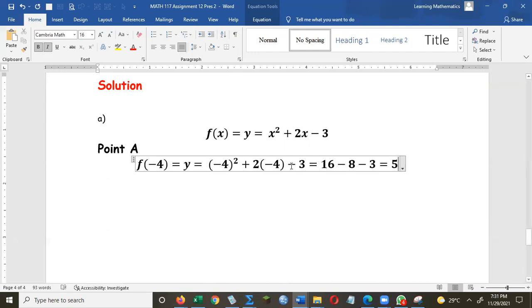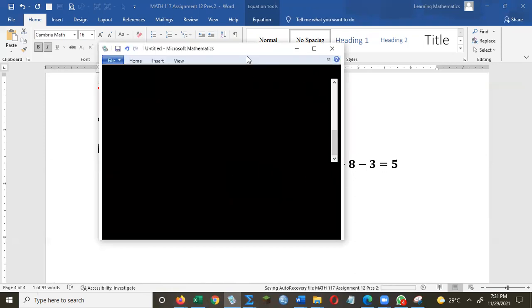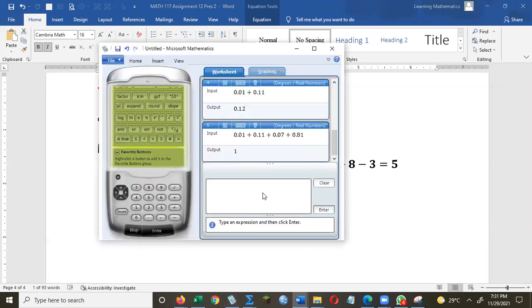So f of negative 4 is 5, and you can prove it by putting the whole expression in your calculator. Doing it piece by piece, negative 4 squared is negative 4 times negative 4, which is 16. 2 times negative 4 gives us negative 8. And you have a negative 3. 16 subtract 8 is 8, subtract 3 is 5. But you can prove it in your calculator.